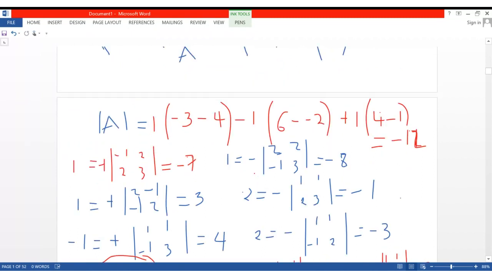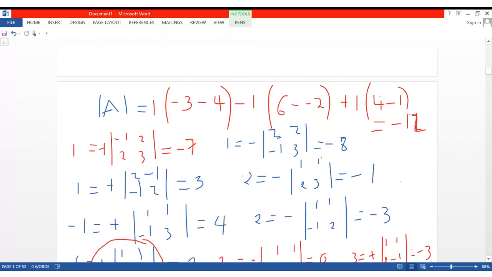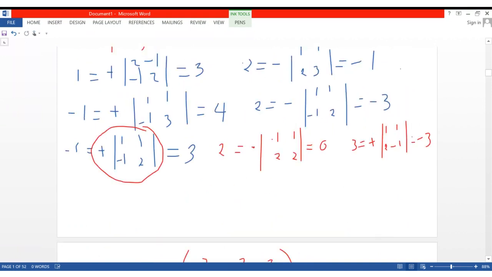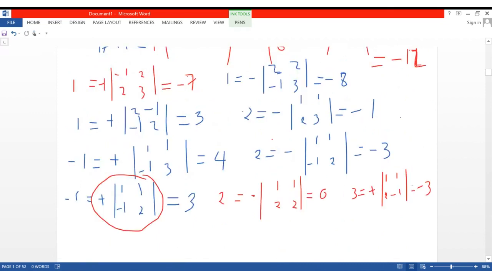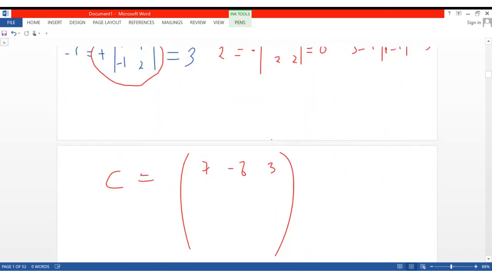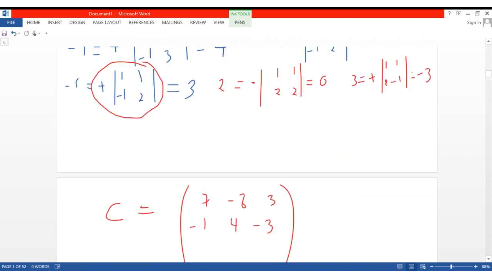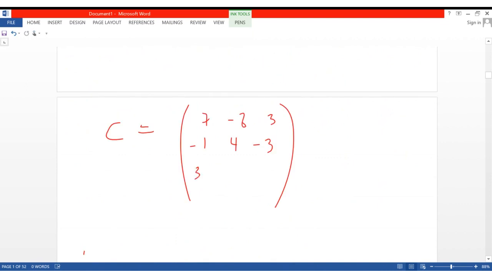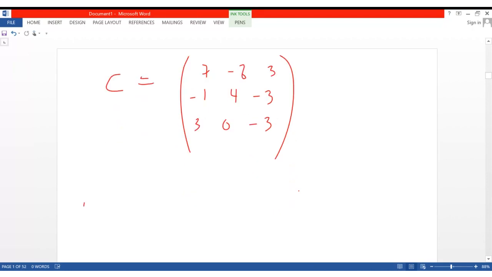The first row is negative 7, negative 8, 3. Then the next is negative 1, 4, negative 3. And then 3, 0, negative 3. So we get the transpose of this matrix, C transpose.